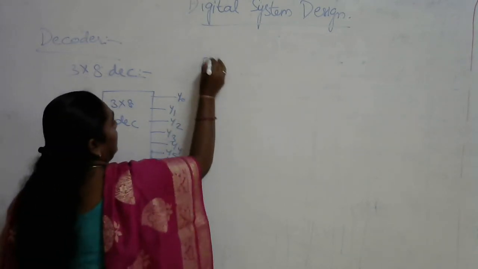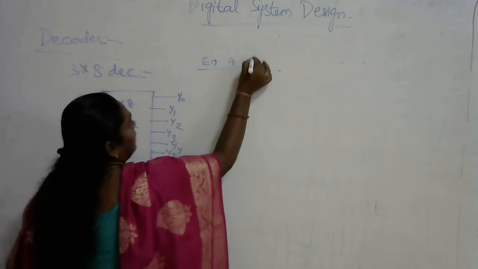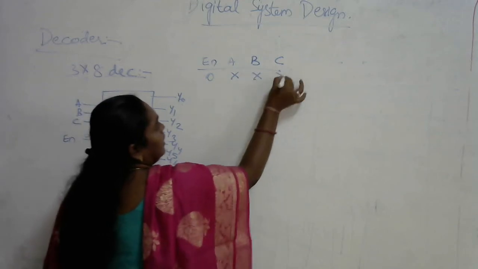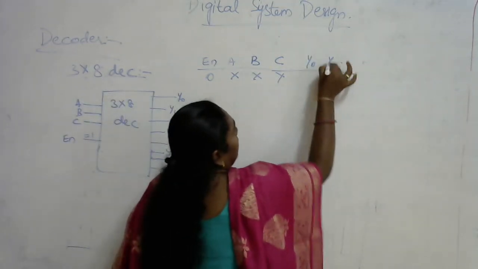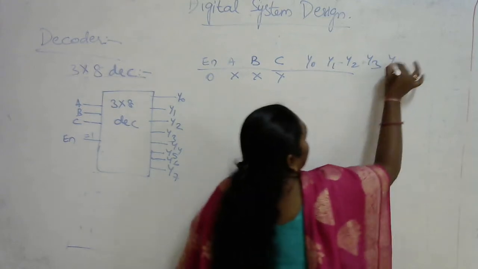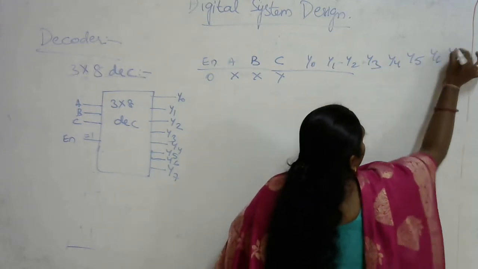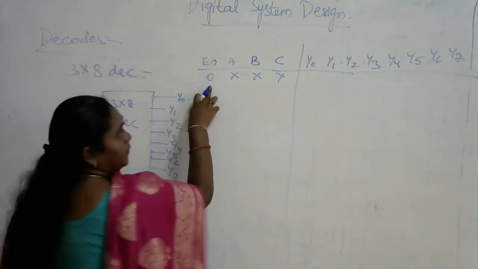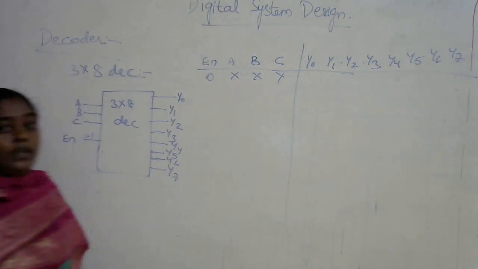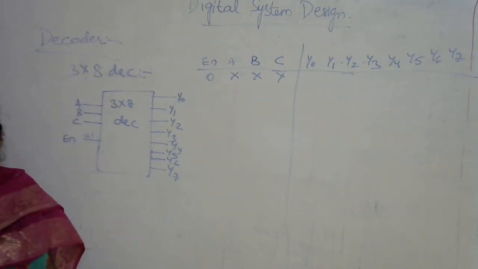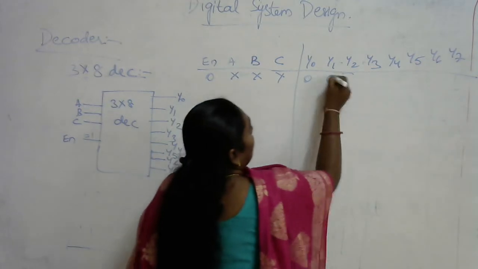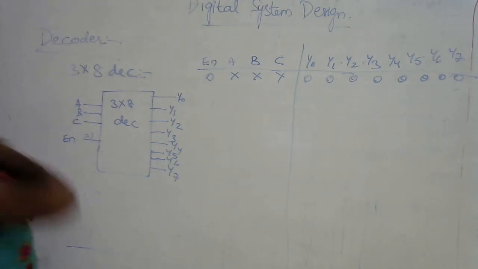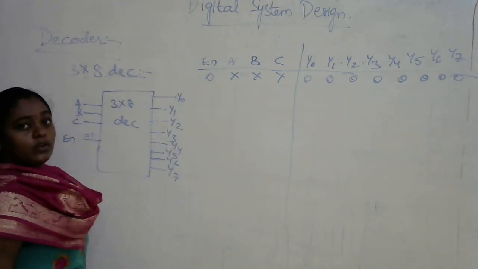So here, enable followed by A, B, C. When enable is 0, whatever the A, B and C values may be, the outputs Y0 to Y7 will all be equivalent to zeros because of active high, and as enable is 0, the circuit is not going to function.